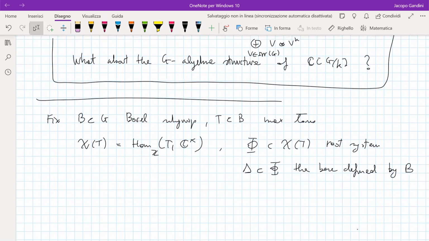Okay, and it is well known that the irreducible representations of G correspond to the dominant weights. These form a monoid inside the character lattice.